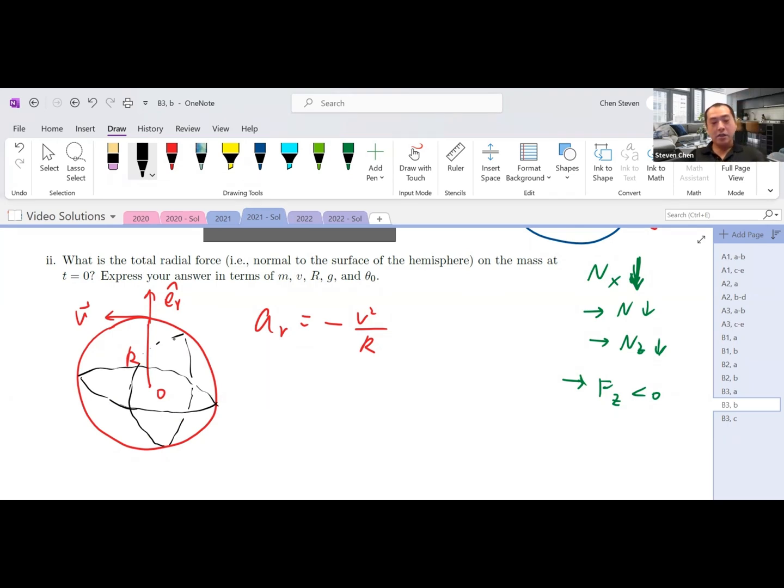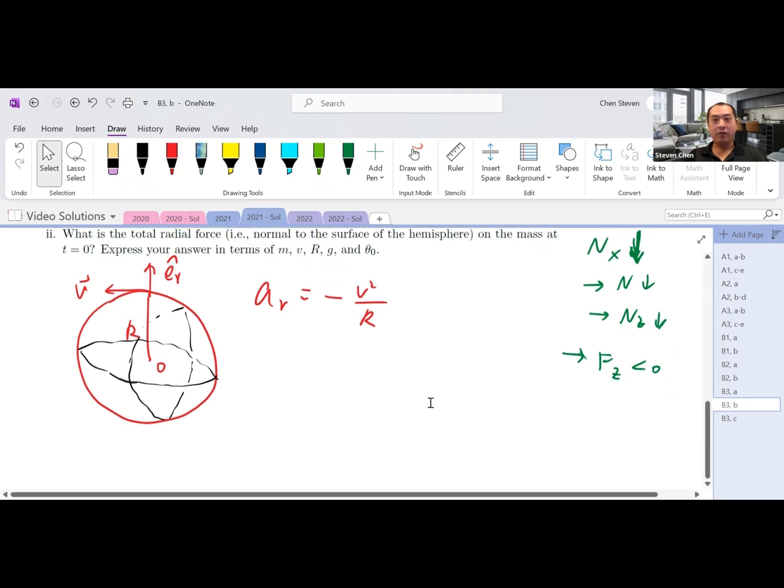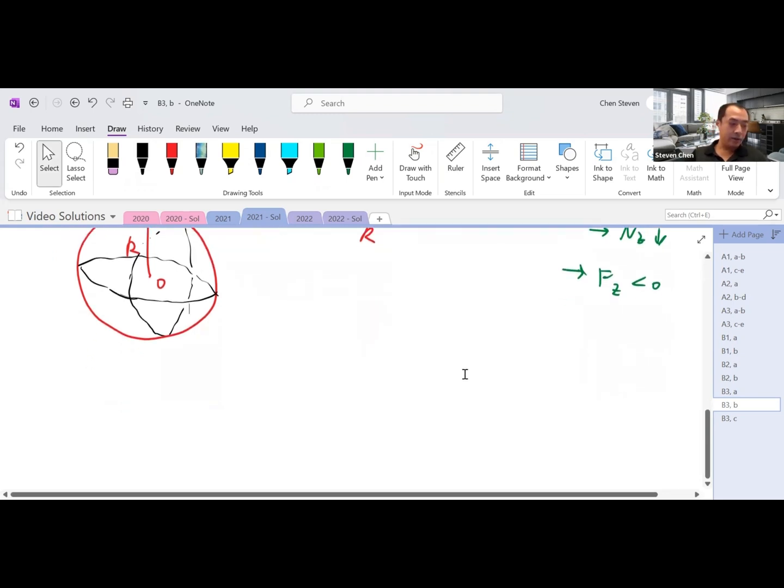For spherical motion, as long as you keep the same distance toward the center, your velocity is always in a tangential direction. So then we have the same radial component acceleration. For this part, you just apply this formula.